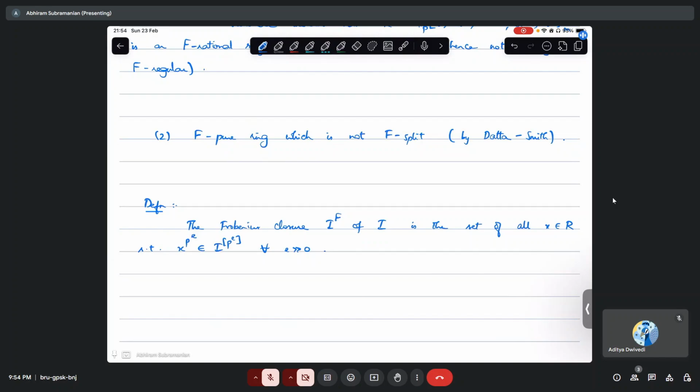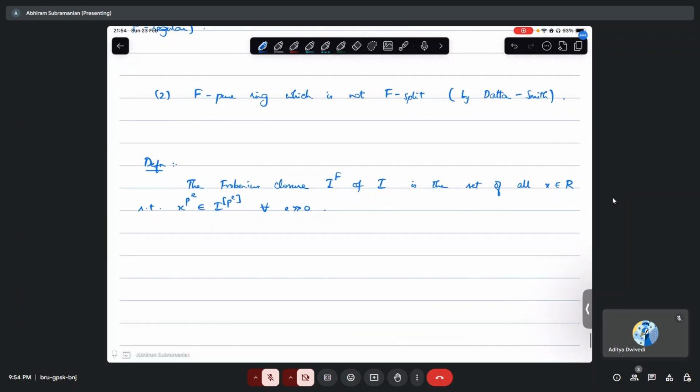Here there is no mention of c. There should be some c in R° but here c must be 1, instead of being any element outside the minimal primes of R. So this is the Frobenius closure of an ideal I.